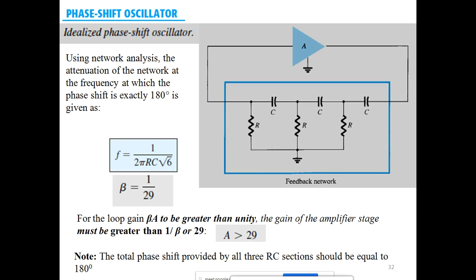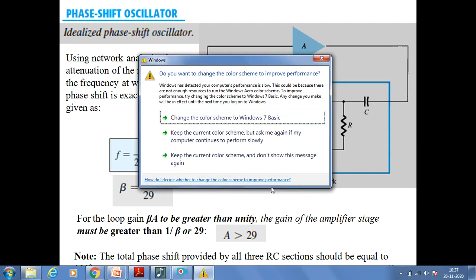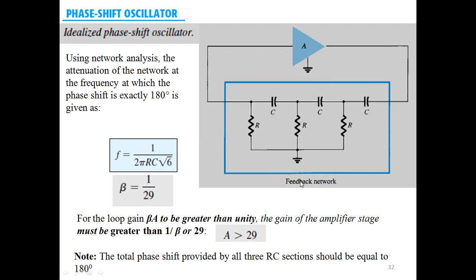In the previous session we discussed the RC phase shift oscillator, wherein the feedback stage is purely based upon R and C components, right? The frequency of oscillations is given by the expression 1 upon 2 pi RC square root of 6, and the beta factor is 1 upon 29.